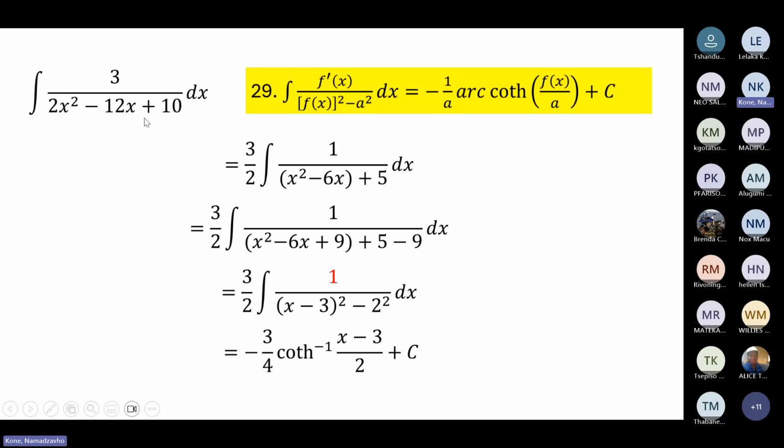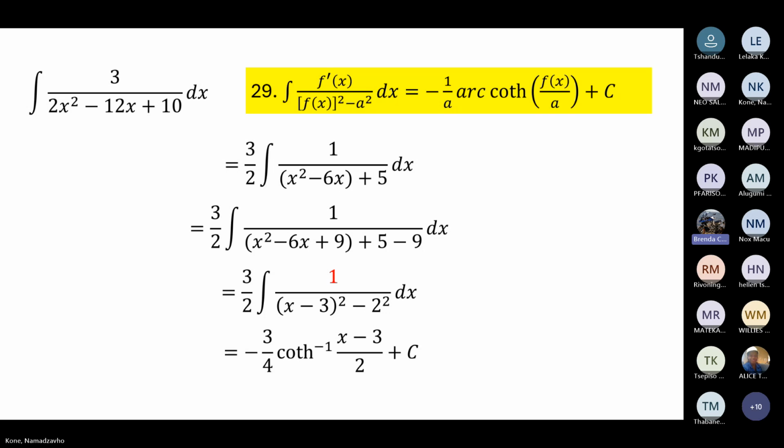So if this one at the bottom can be factorized completely, which I doubt, can it be? Yes, I think it can be factorized because x minus 5 into x minus 1, right? Yes, so it's 2 brackets, x minus 3 squared minus 8.